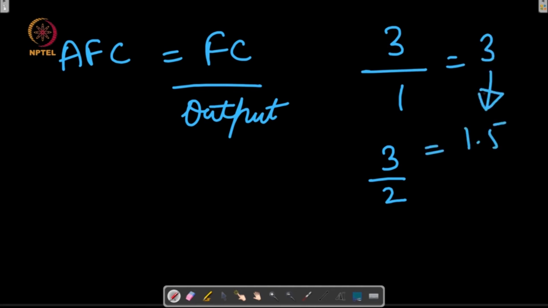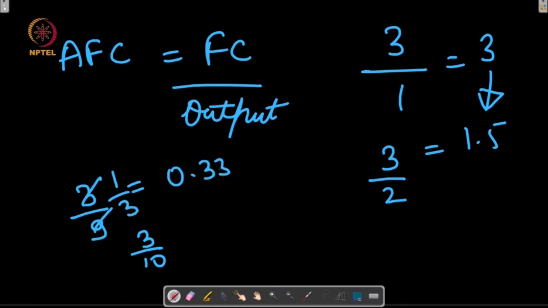So there is a large change from 3 to 1.5. But when we do, say, 3 divided by 9 and 3 divided by 10, 3 divided by 9 is 1 by 3, which is 0.33, and 3 divided by 10 is 0.3. So here the change is very little. The change is only 0.03, whereas here the change was much larger.